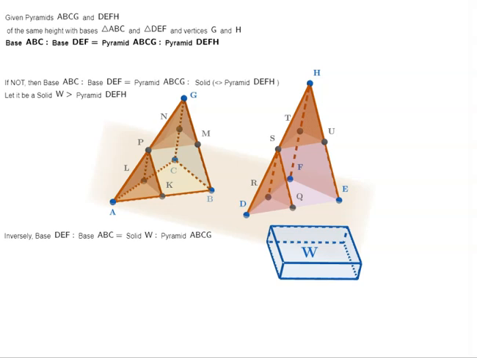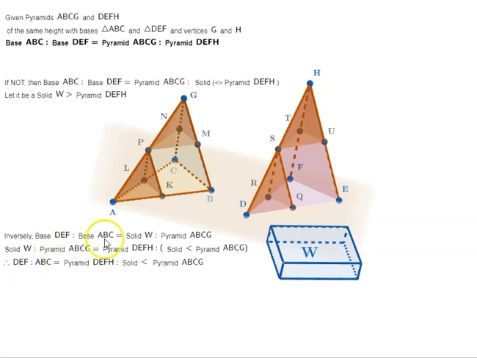Now, applying the lemma from book 12, proposition 2, we can say solid W is to pyramid ABCG as pyramid DEFH is to a solid less than pyramid ABCG. So therefore, base DEF is to base ABC as pyramid DEFH is to a solid less than pyramid ABCG.